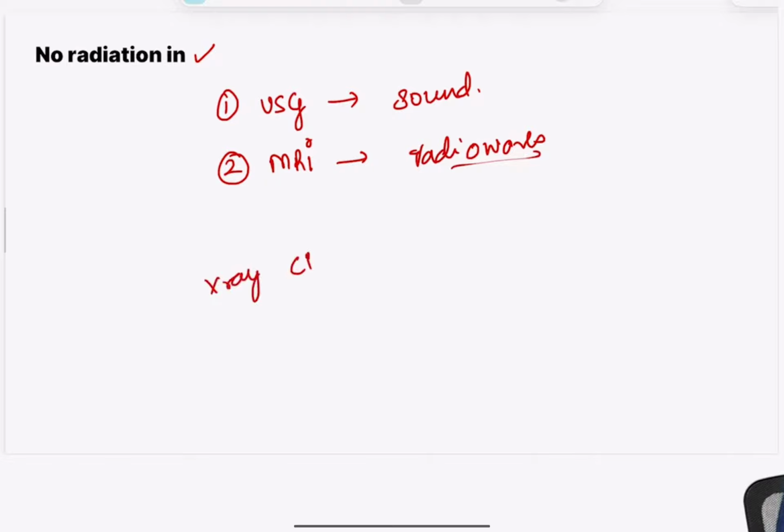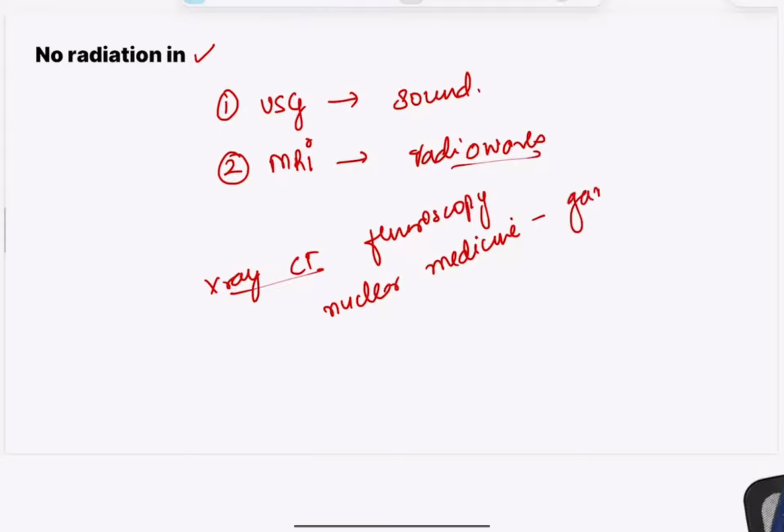Remember that X-ray, CT scan, fluoroscopy, all of these have radiation. All the modalities in nuclear medicine which use gamma rays, all of them have radiation, like PET scan and the various scintigraphies. But important, USG and MRI do not have radiation.